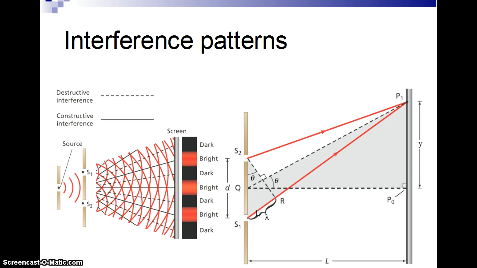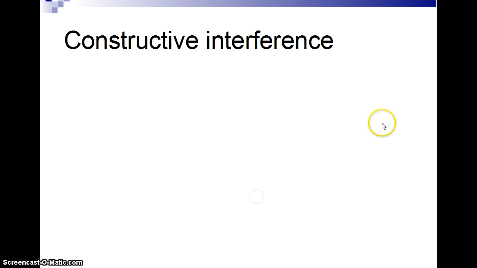If we want constructive interference, we want that to be equal to the wavelength, or 2 times the wavelength, or 3 times the wavelength, so that it lines back up. So you get those sine waves shifted over, and you get bright spots here. If it's shifted so that you get exactly a dark spot, it'd be half a wavelength, 3 halves, 5 halves, so that you're exactly off, and it'll start canceling.